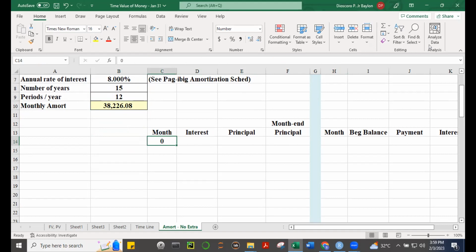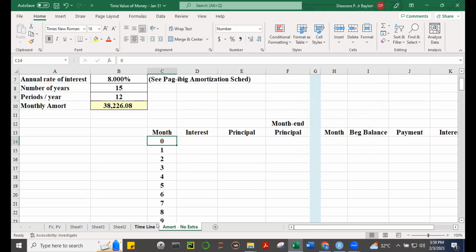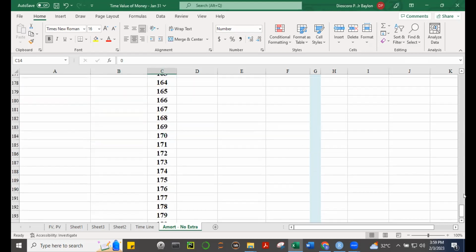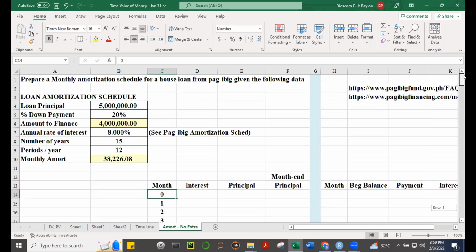I'm going to create a series. So I highlighted 0, series in columns, step value 1, and it will be up to 180. Okay. So we now have here 0, 1 up to 180 to account for the number of months in 15 years.